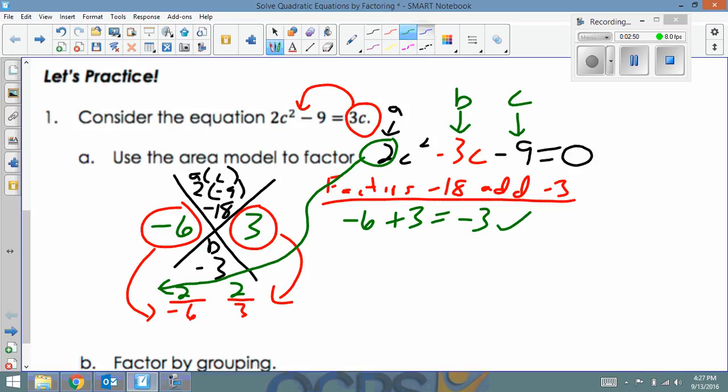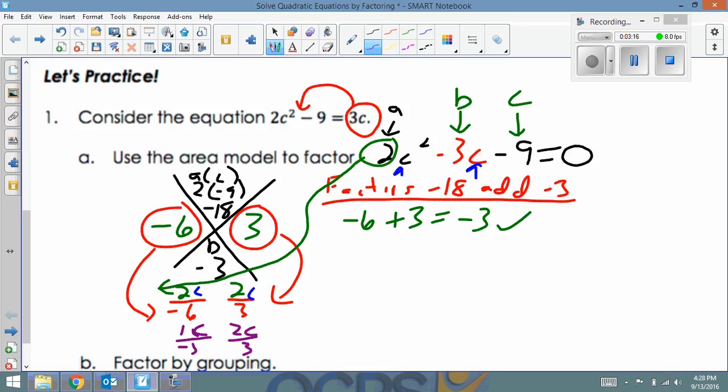The letter that we are dealing with in our equation is C, so we're going to put a C next to each one of those. Now, we're going to reduce each fraction if we can. So this fraction here reduces to 1C over negative 3. This fraction does not reduce at all. We get 2c over 3.